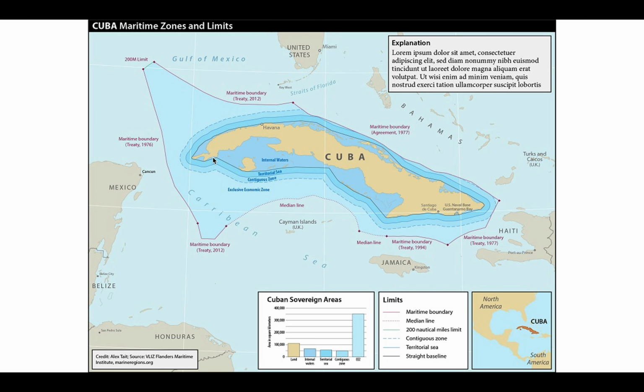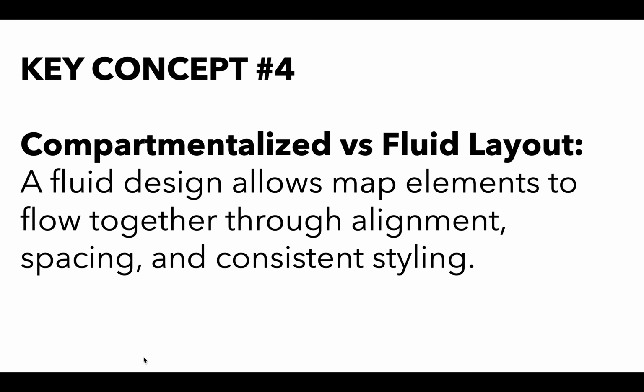So if we look at a map like this, for example, this cube of maritime zones and limits, we have our bar chart here, we have our legend, our locator map, some explanatory text, some credits, all those are in different compartments.